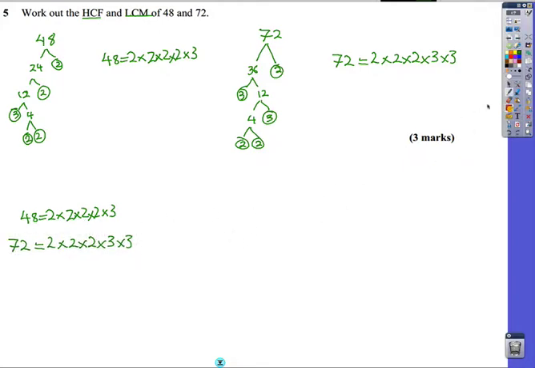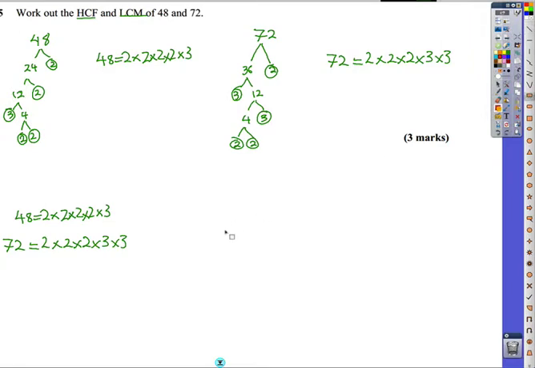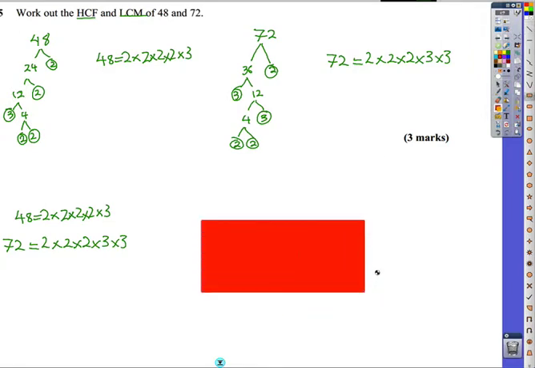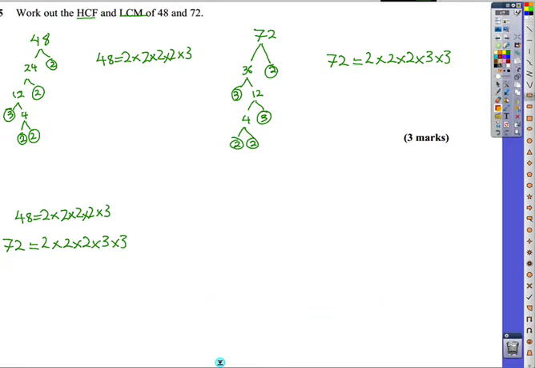So our Venn diagram, wow, I don't want it in red, I want it in white. Okay, it's not working.